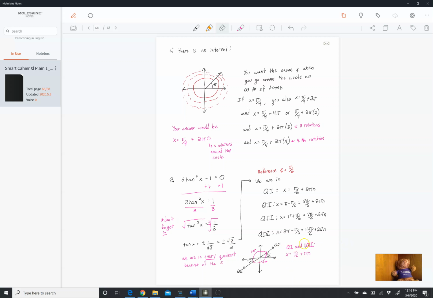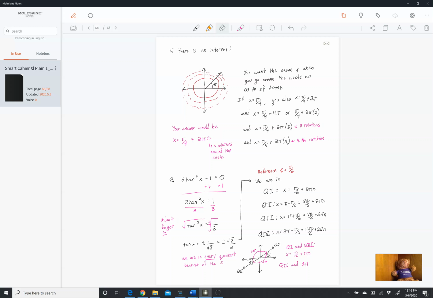That'll give us the angles in quadrant 1 and quadrant 3. So instead of writing plus 2 pi n, I could take care of the angle in quadrant 3 also by just writing plus pi n. Because instead of adding 2 pi and just getting the angles in quadrant 1, I can add pi and then I'll get the angles in quadrant 1 and quadrant 3. And the same thing is true for quadrant 2 and quadrant 4.